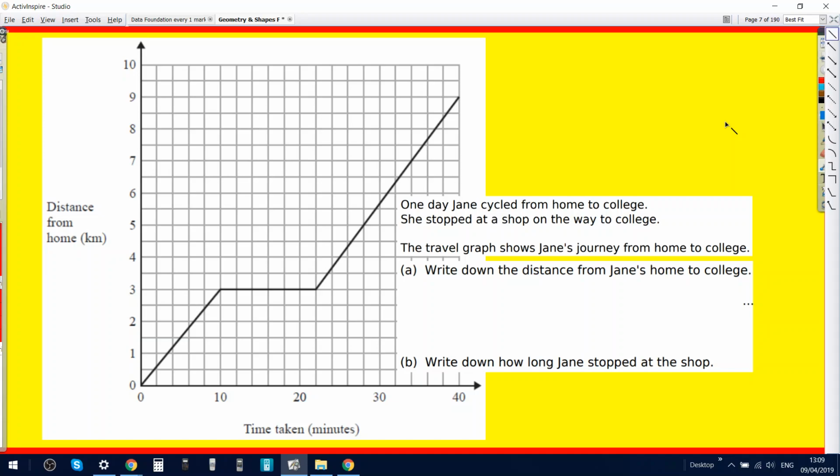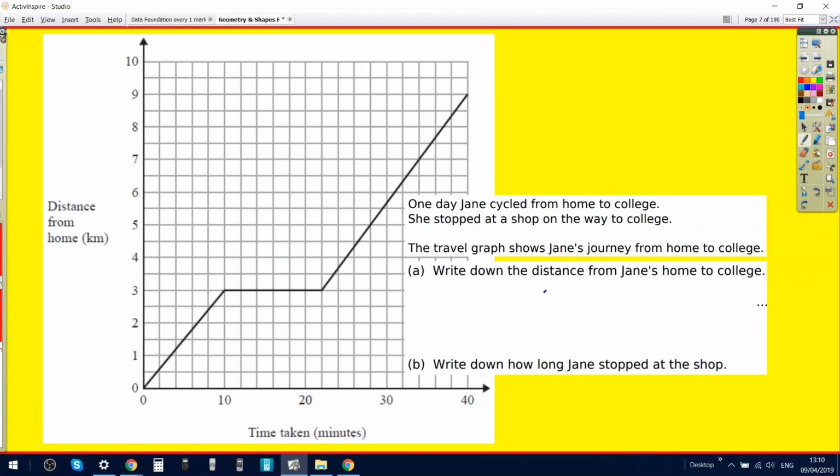So the distance would be 9 kilometers. Is that correct? Yeah, that's correct. And part B? Part B, write down how long Jane stopped at the shop.